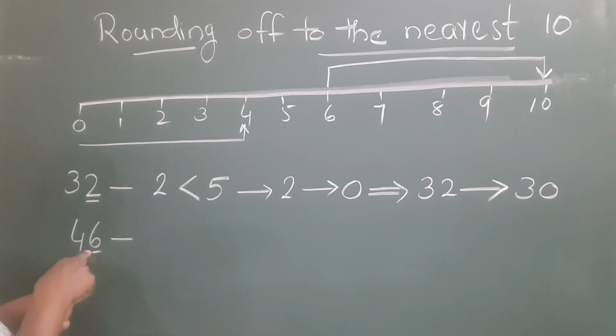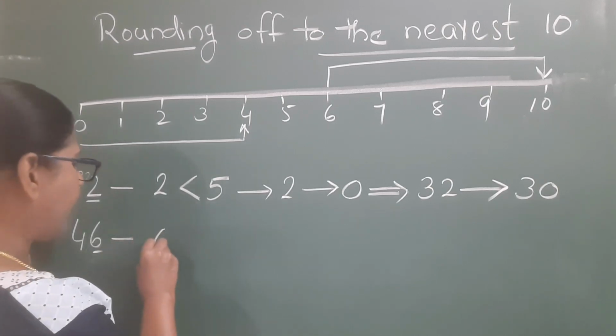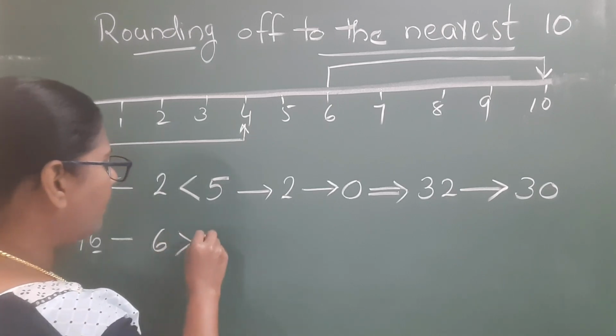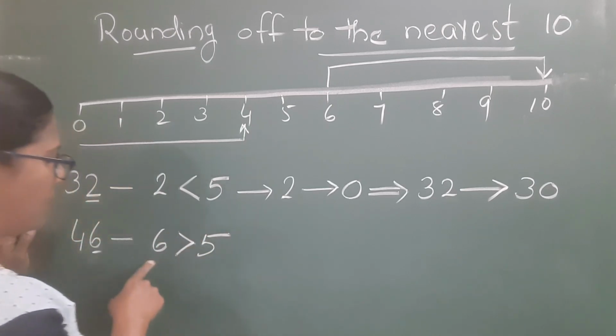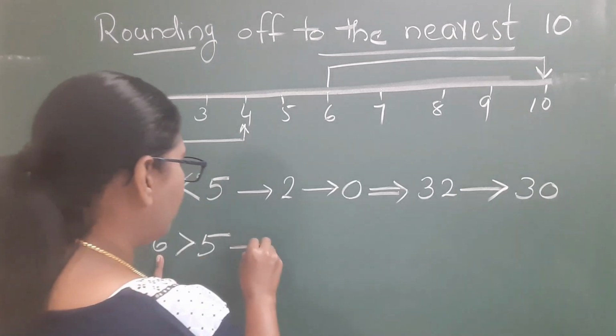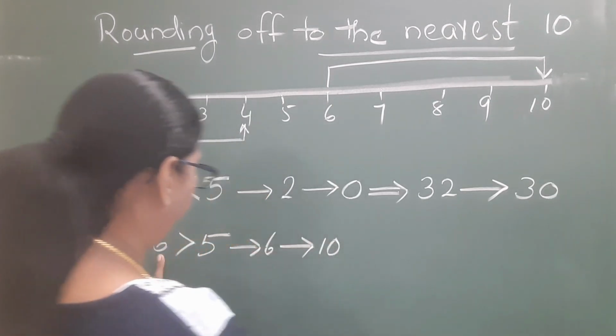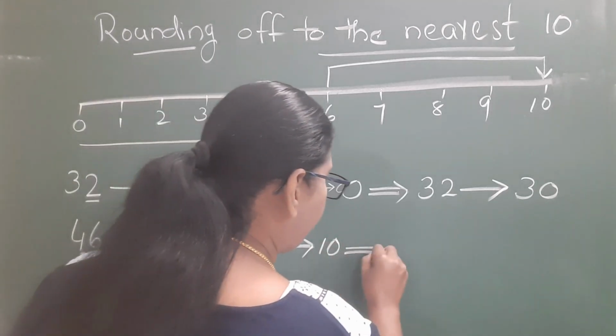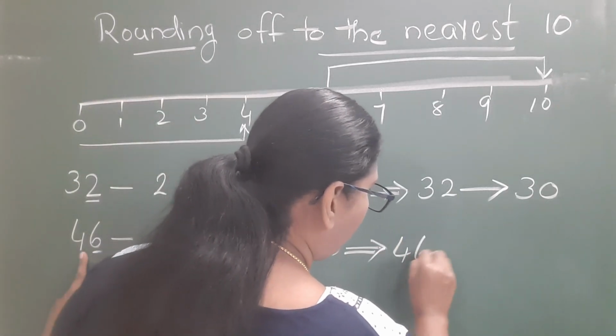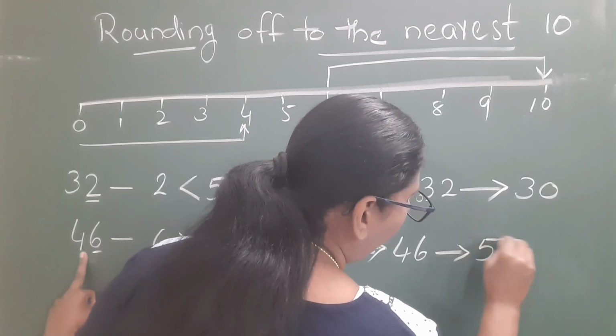In 46, 6 is in the ones place. 6 is greater than 5, so 6 round off to 10. So 46 round off to 50.